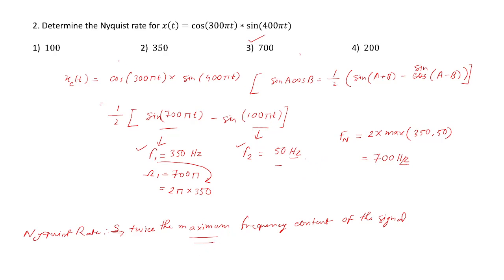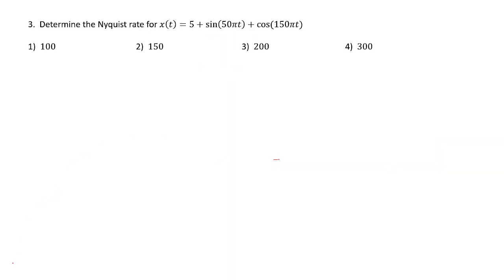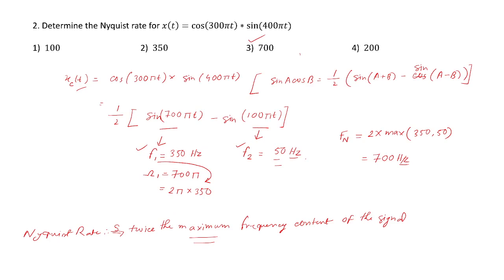A part of this signal x(t) is given as sine 100 pi t, and you get the frequency f2 as 50 Hz, and you completely ignore the rest. You take this one as the frequency component of the signal, and you take 2 times that, which is 100, and you write the answer as 100, but that is not correct.